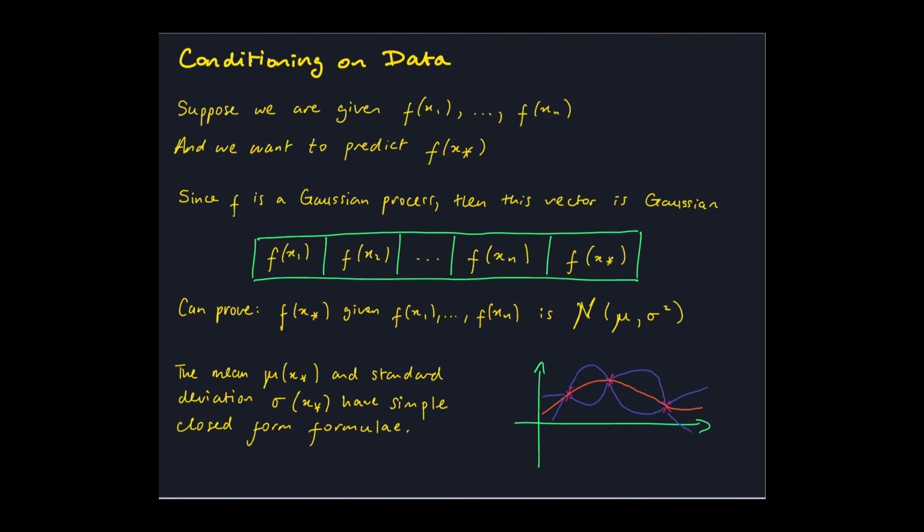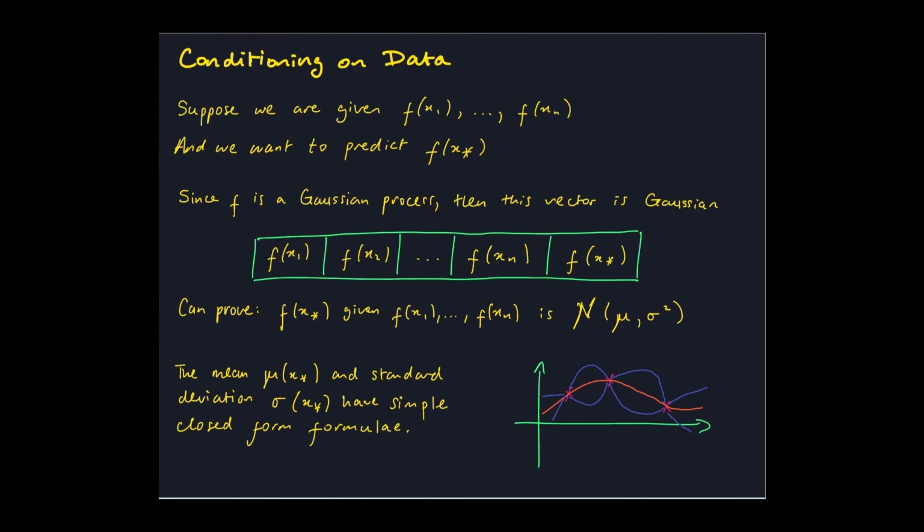And that is precisely the formula that gives you this kind of picture. Basically you take this point x star and you sweep it along this x-axis, and the formula tells you both what the mean of this coordinate is conditioned on these ones, and also what the standard deviation is. Because Gaussians are so well behaved, the conditional distribution of the last coordinate conditioned on all the early ones is itself a Gaussian distribution.